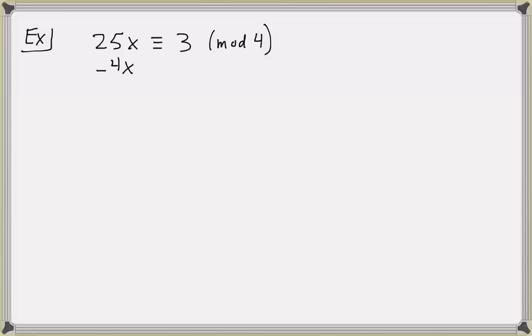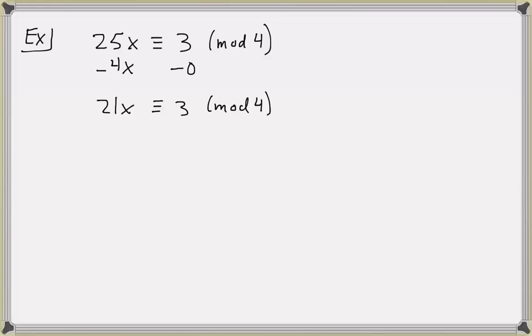I'm going to subtract 4x from the left-hand side, and from the right-hand side I'm just going to leave it alone, because negative 4x is congruent to 0 mod 4, because negative 4x is a multiple of 4. So I can reduce 25x to 21x, and I'm going to continue this process.